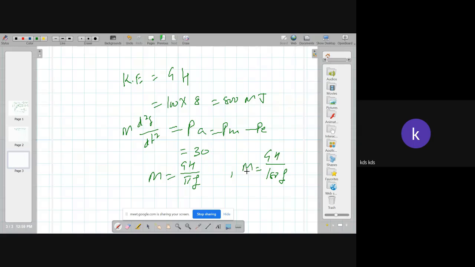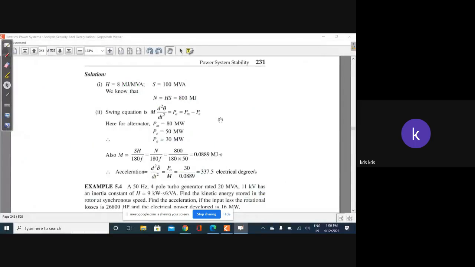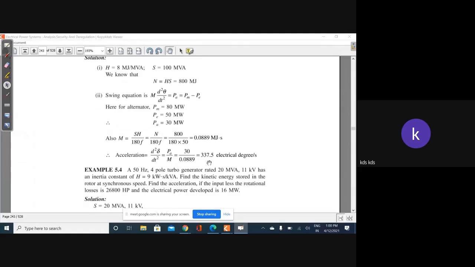So from here we find the value of M, and then using this we find the acceleration. Acceleration, d square delta by dt square, is equal to Pa by M, which comes out to be 337.5 electrical degrees per second, again there is a mistake, per second square.